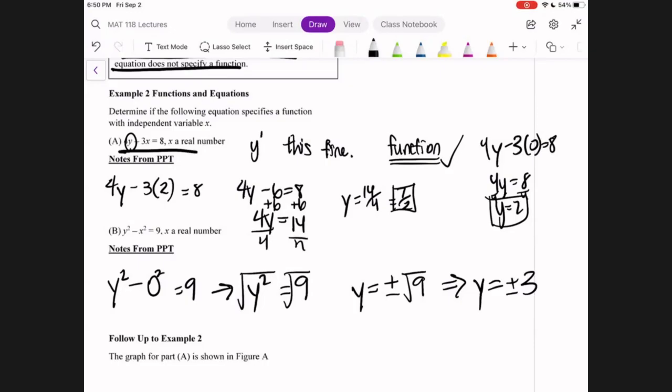Since we have Desmos, it's easier to graph these and then use a different technique, and we'll talk about that. Since we have two y values here, this is not a function. For that one x value I plugged in, I get two y values, so not a function.